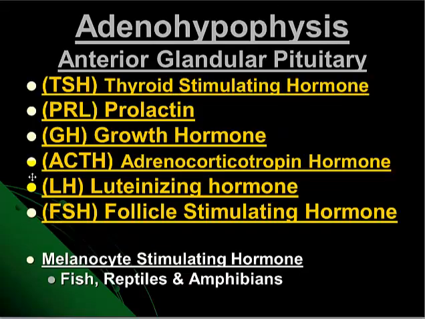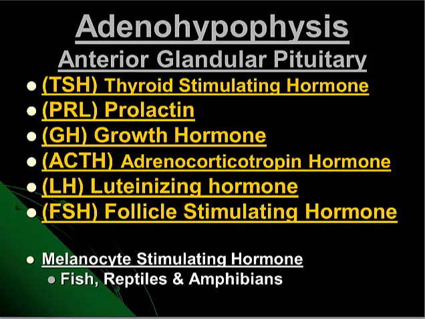And those hormones are TSH, which is thyroid stimulating hormone, PRL, which is prolactin, ACTH, which is corticotropin hormone, LH, which is luteinizing hormone, and FSH, which is follicle stimulating hormone. The last 2 act on the gonads. ACTH acts on the outer adrenal gland. Growth hormone acts on skeletal muscle and joints, any tissue related to your skeleton and skeletal muscular system. Prolactin acts on the breast, and thyroid stimulating hormone by its name stimulates the thyroid.